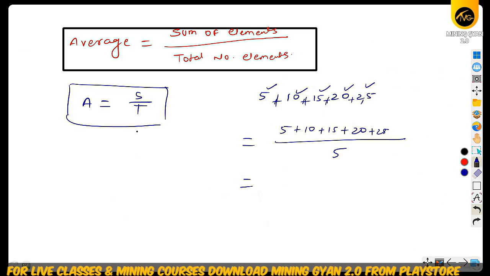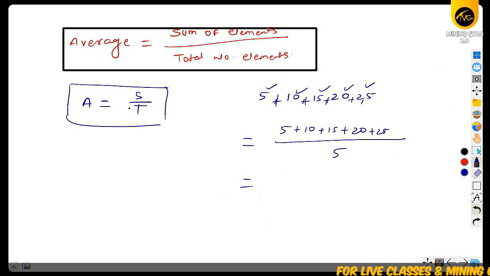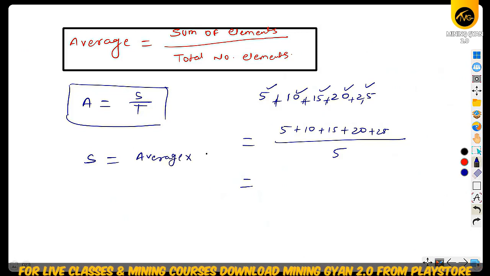Suppose a question gives us the average and the total number of elements, and we want to find out the sum, then just modify the formula: sum of elements is equal to average into total number of elements.